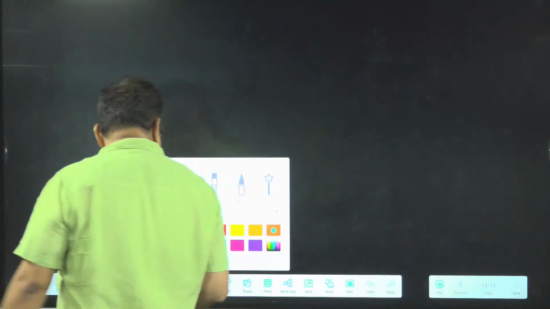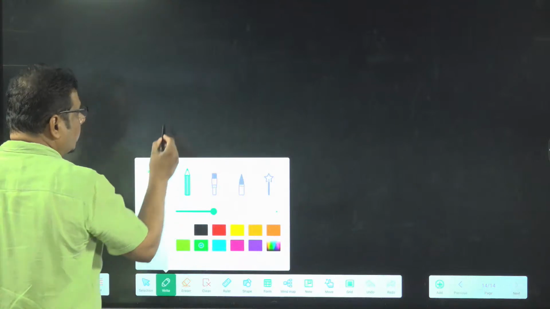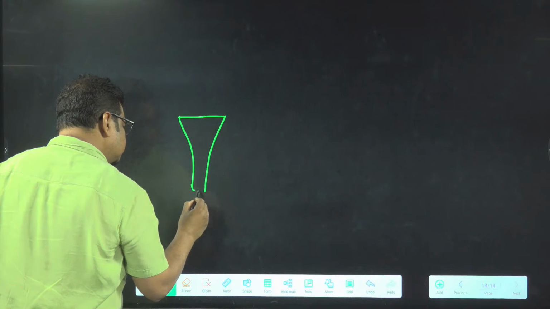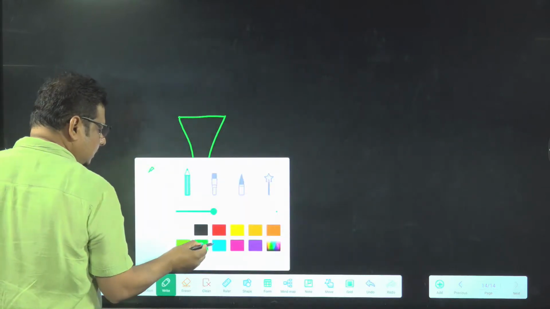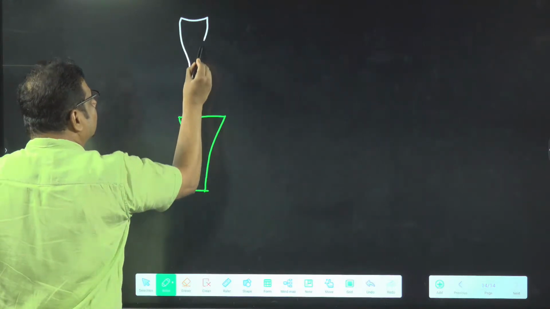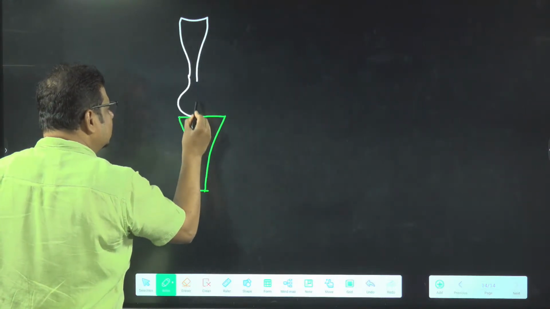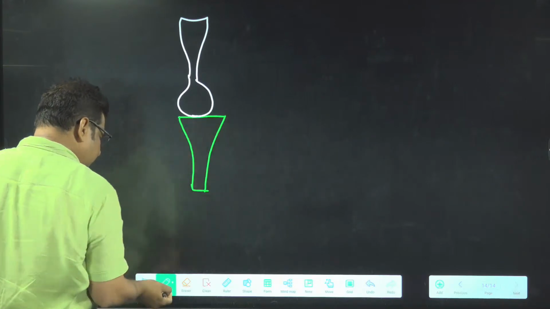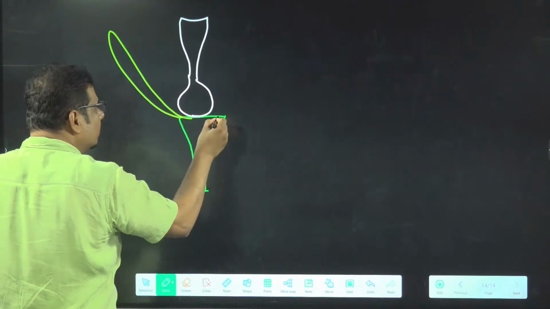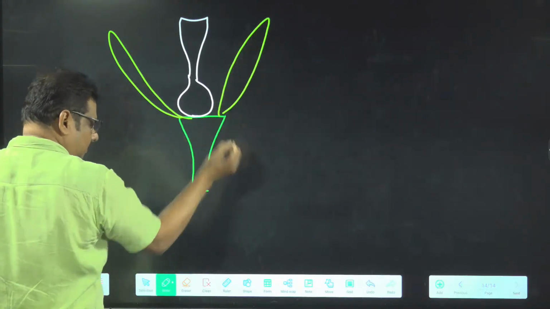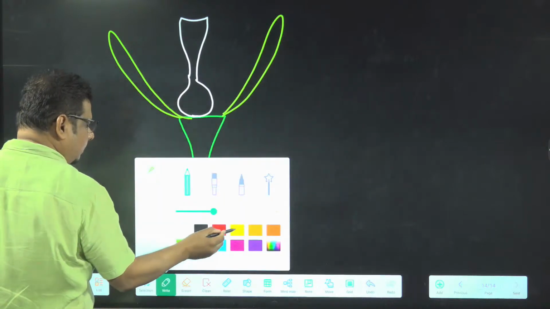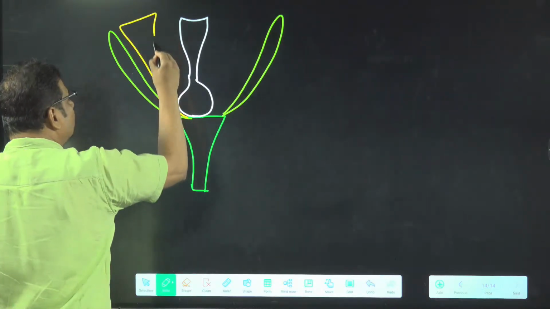Now I am drawing another diagram. You have to identify. This is the thalamus. Normal thalamus, right? I think by looking here only you will say which kind of ovary it is. This is the calyx. Here it is the corolla.